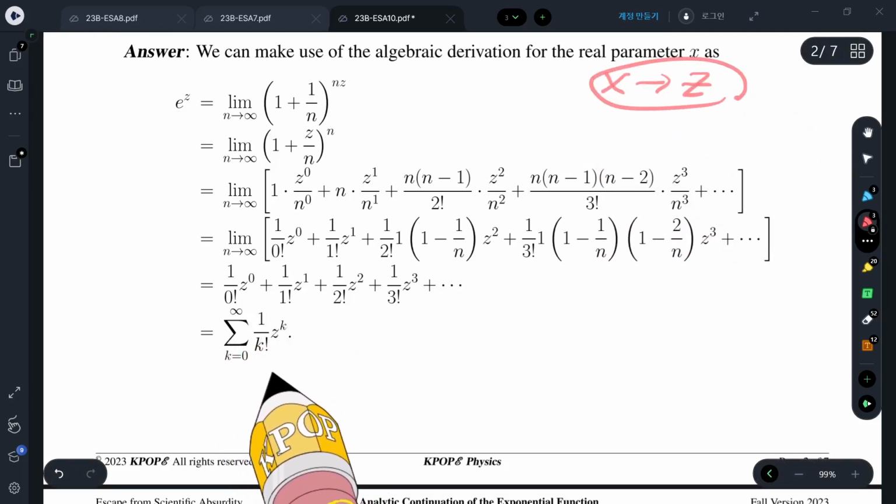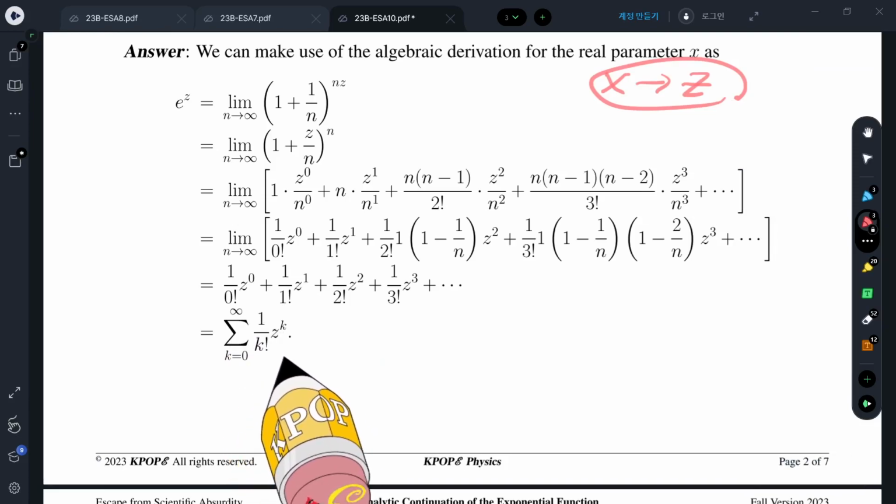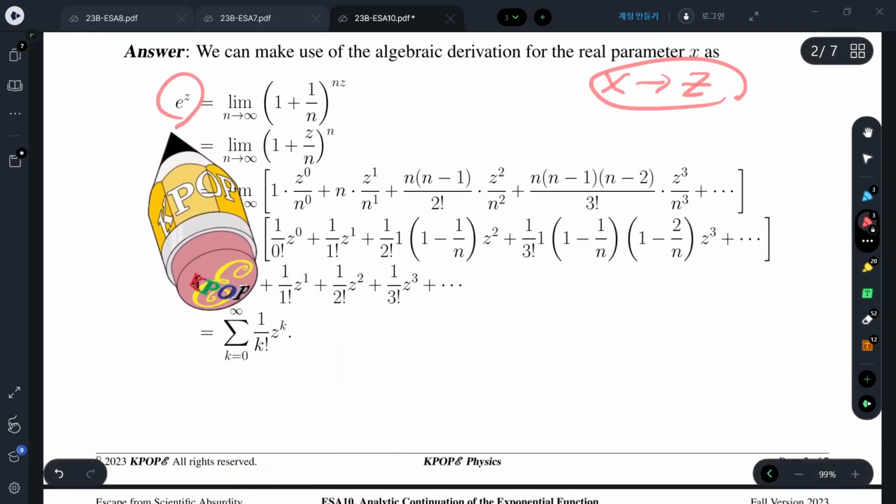So again, in terms of the power series in z, that is a complex number, exponential z is defined very well. I'd like to know whether this function is differentiable or not.